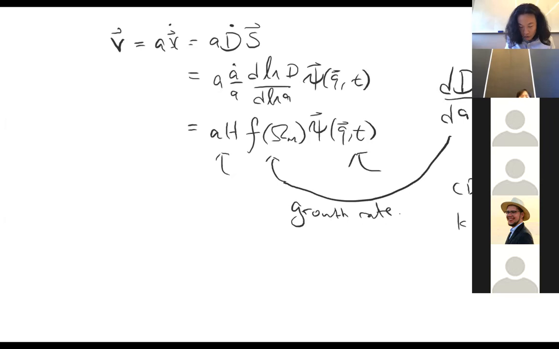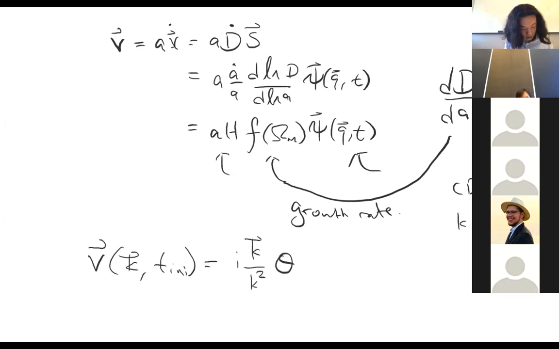But yeah, now using this definition here, we can write the velocity field in k space at the initial time as i k squared, and the theta field of k, e to the i phi k.